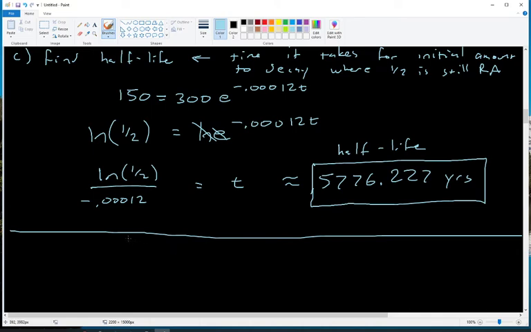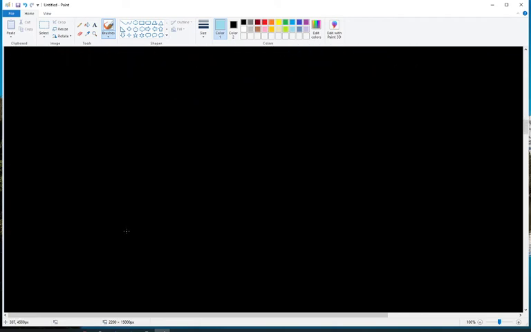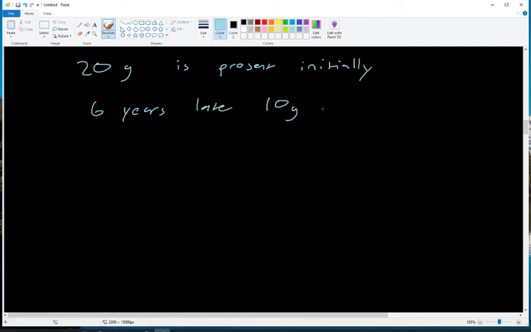little carbon dating type problem thing. So they tell us... Oh, wait, no, sorry. This is just going to be another half-life deal. So they tell us 20 grams of something radioactive is present initially. And then they tell us 6 years later, 10 grams remains radioactive.